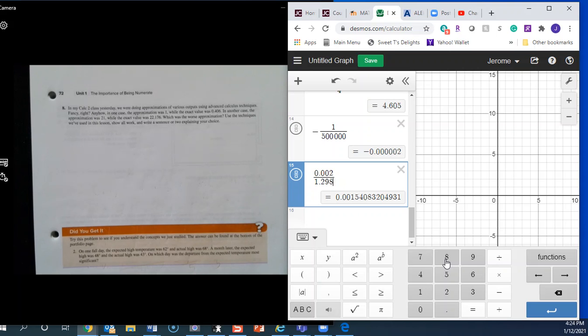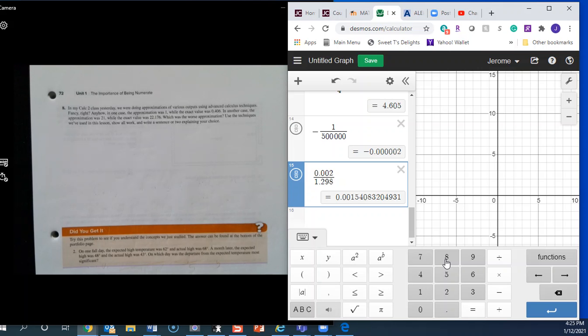Anyhow, in one case, the approximation was 1, while the exact value was 0.406. In another case, the approximation was 21, while the exact value was 22.176. Which was the worst approximation? Use the techniques we've used in this lesson. Show our work and write a sentence or two explaining your choice.